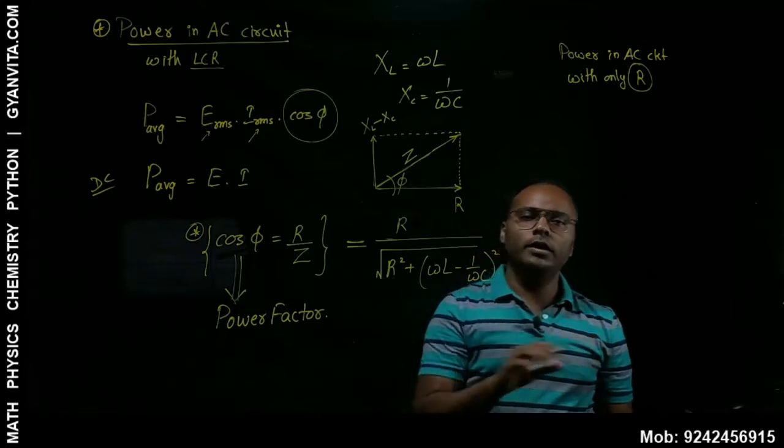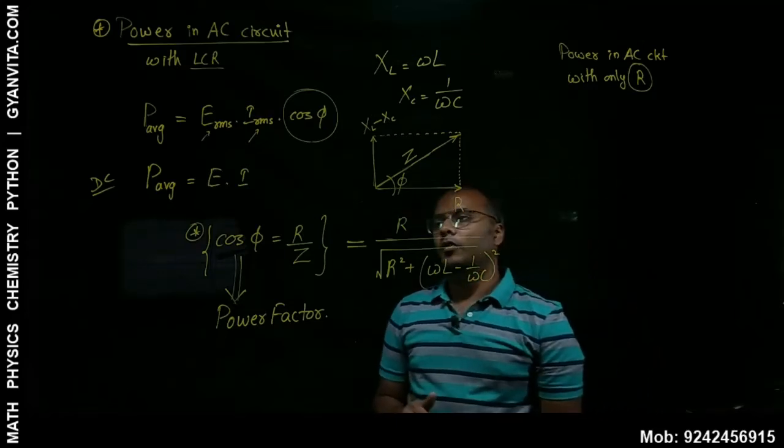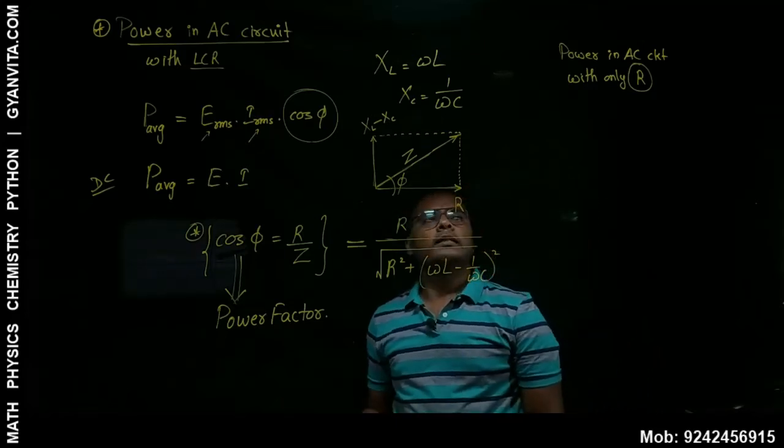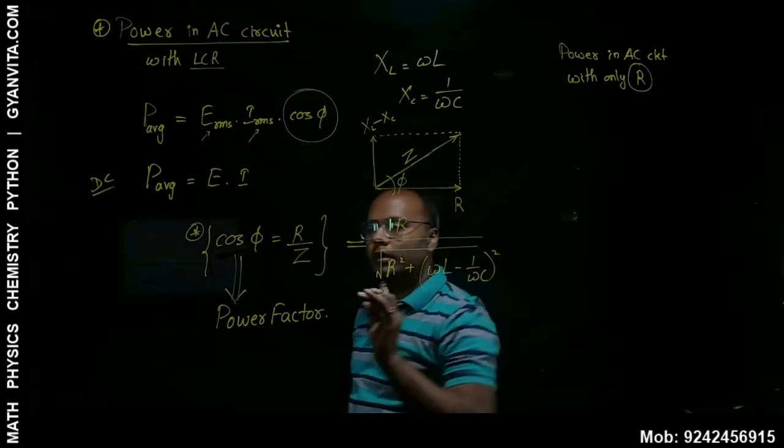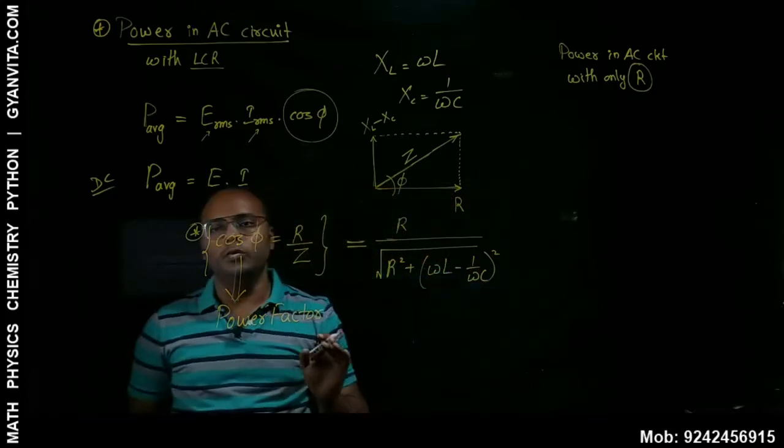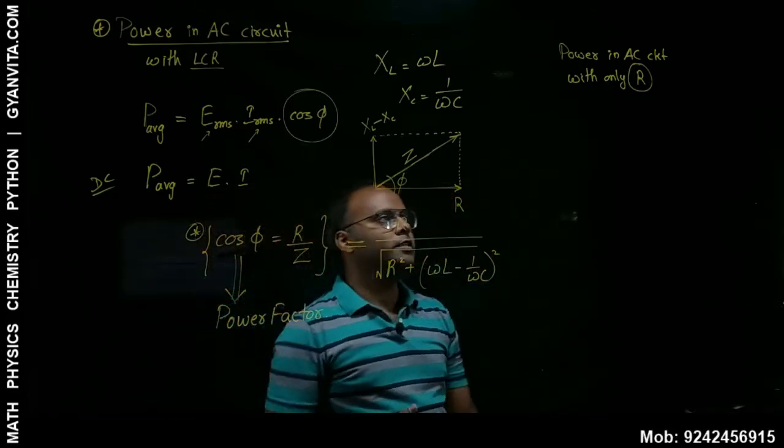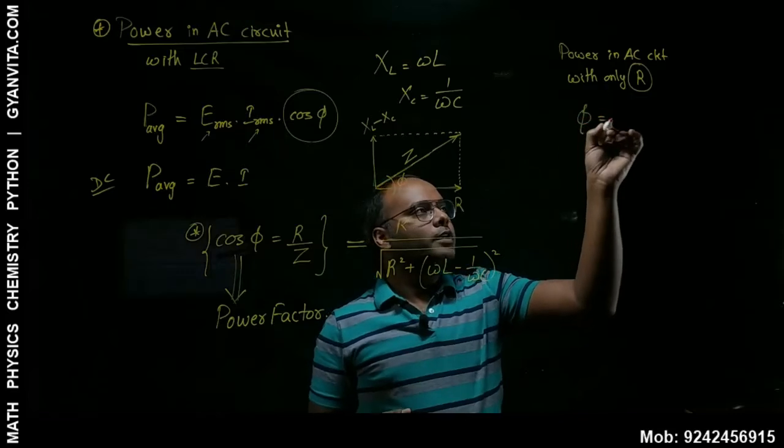Obviously, if there is no inductor and no capacitor, then your R will be equal to Z, or simply phi will be equal to 0 degree.